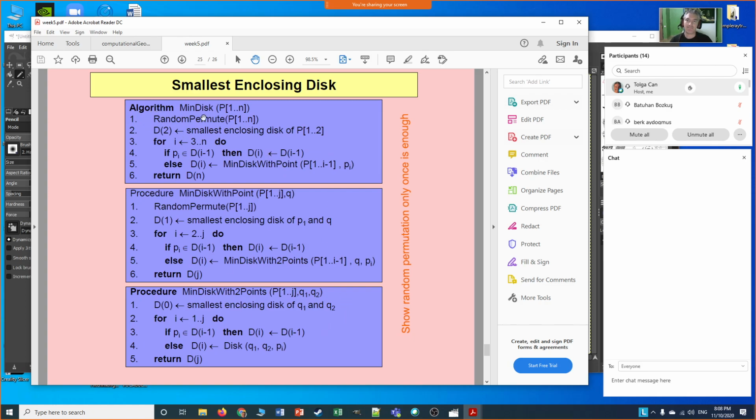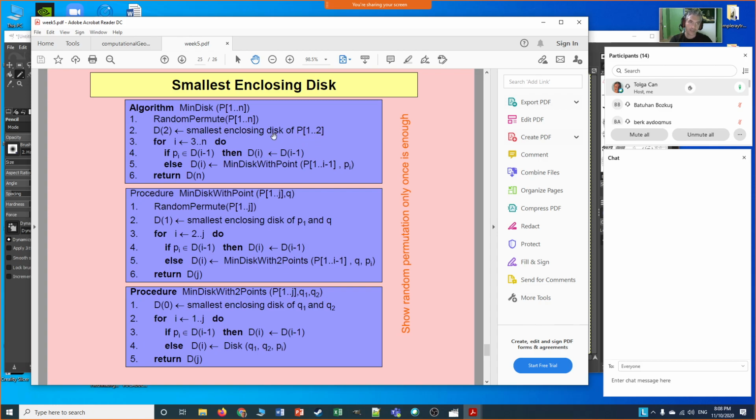So this is the min disk function. This is the main function above, in which we don't know which of those points will be on the boundary. We first create a random permutation of the points, and then disk 2 is just the smallest enclosing disk containing the first 2 points.